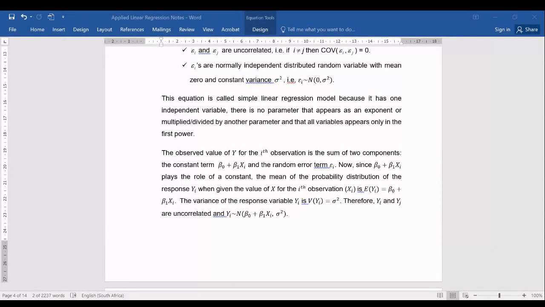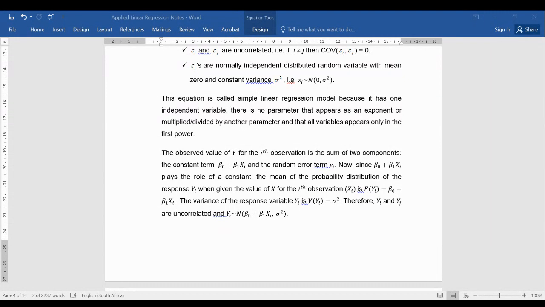Now, we know that the expected value of yi is equal to beta 0 plus beta 1 xi. Or we can show that the expected value of yi is the expected value of the entire function, plus ei. And we know that this is a constant. And yesterday we said the expected value of a constant is equal to what?